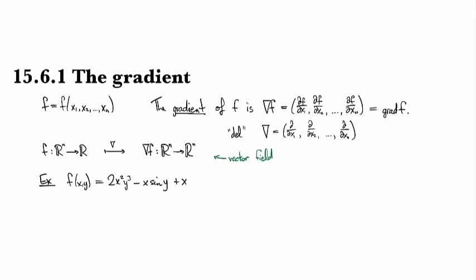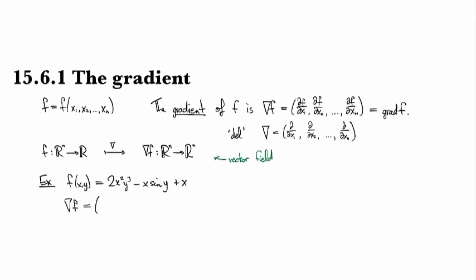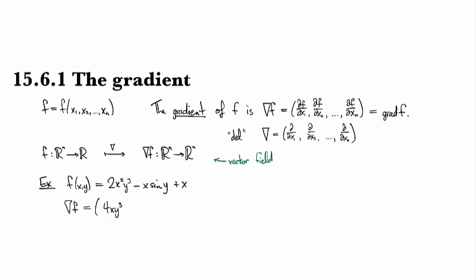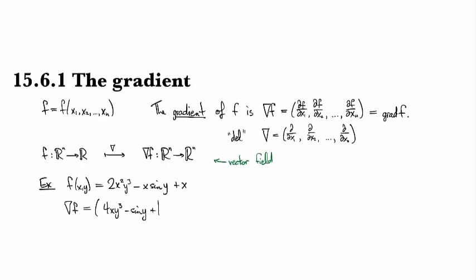Okay, then the gradient of f is going to be, so now I'm going to look at the partial derivative of f with respect to x, and I get 4x y cubed minus sine y plus 1.